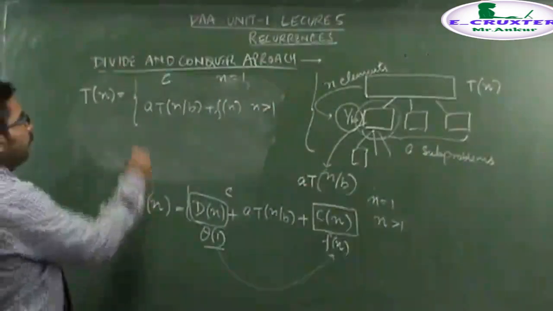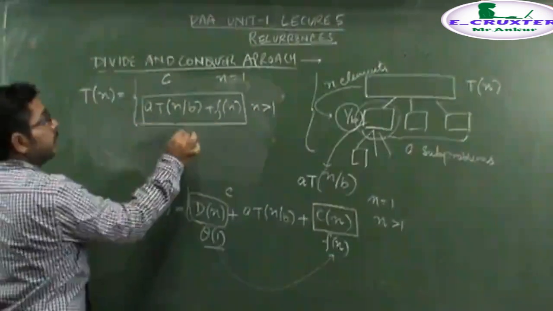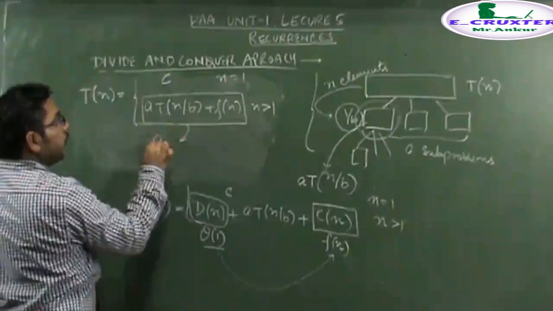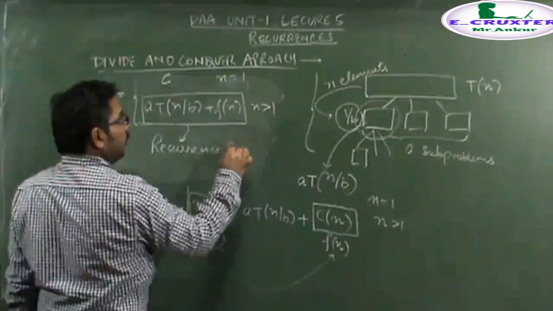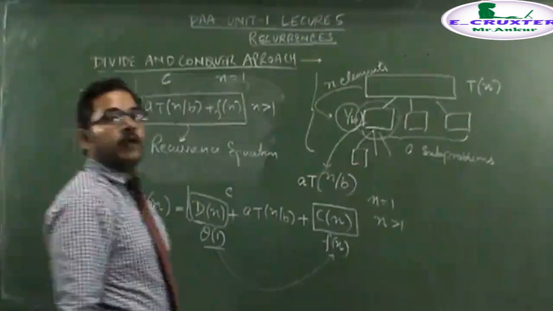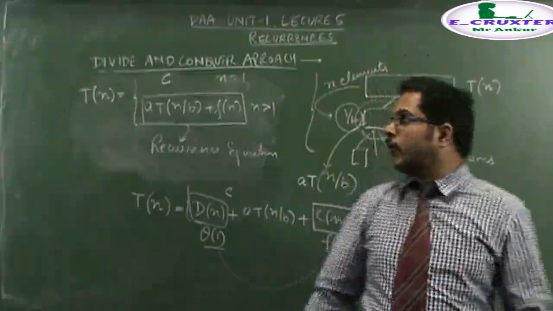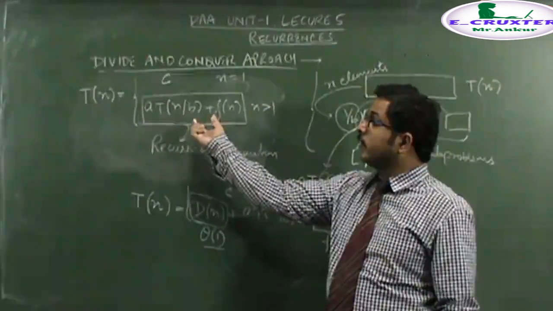This equation, which we get as we recursively solve the problem, is known as the recurrence equation. That is, when we solve a divide and conquer problem, the equation we get is known as the recurrence equation, and its form is like this.